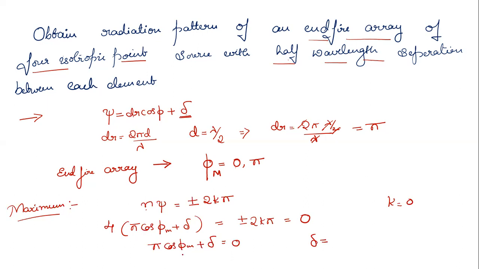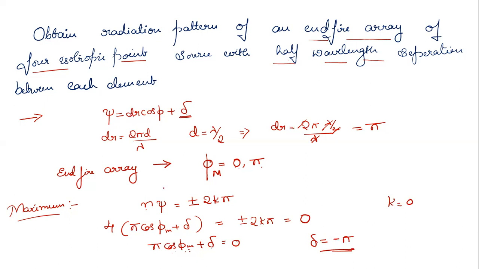So delta will be minus pi cos phi m. Either at 0 I'll have the main lobe or at pi. So when I take phi m equal to 0, cos 0 is 1, so delta will be minus pi. If I take phi m as pi, delta will be just plus pi.